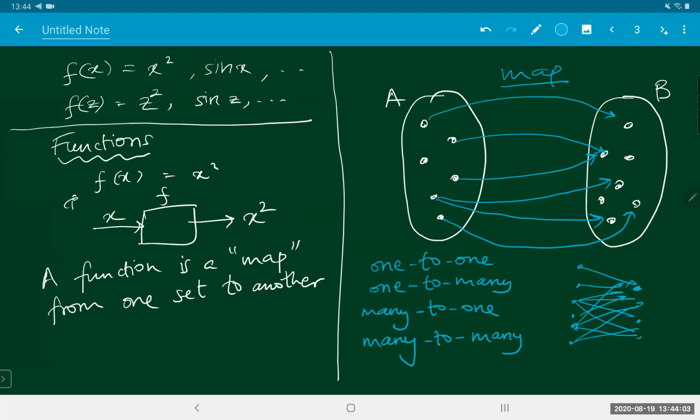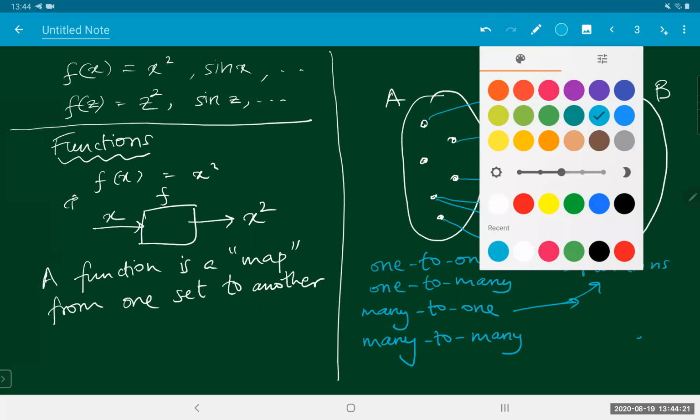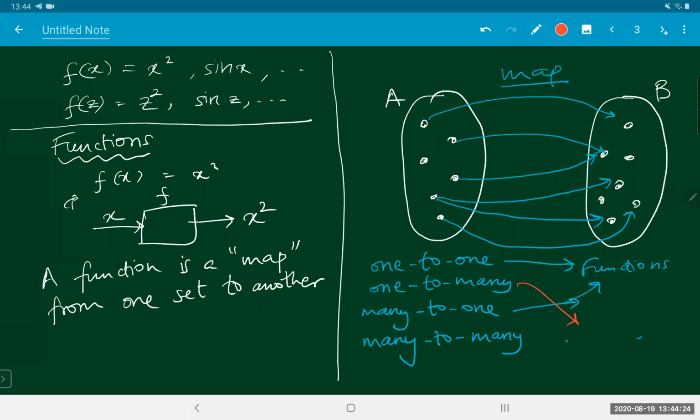So these are all maps, but not all of them are functions. The only ones that are functions are the one-to-one map and the many-to-one map. So these two are functions, and these two are not functions.